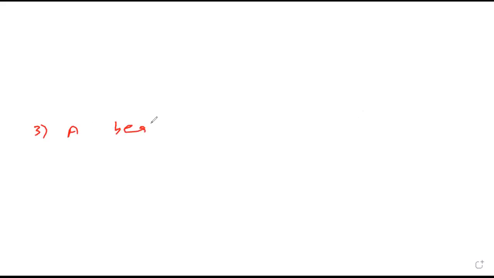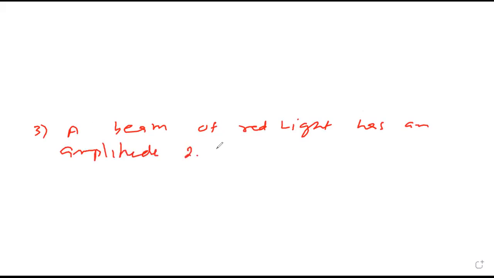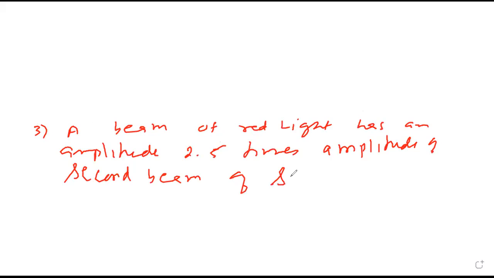A beam of red light has an amplitude 2.5 times the amplitude of a second beam of same color.